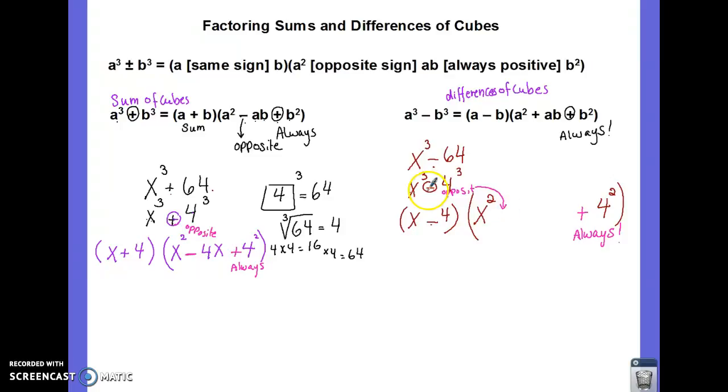So if that was a minus, we have a plus. Then you multiply your two bases. Let's look at some questions from your worksheets.